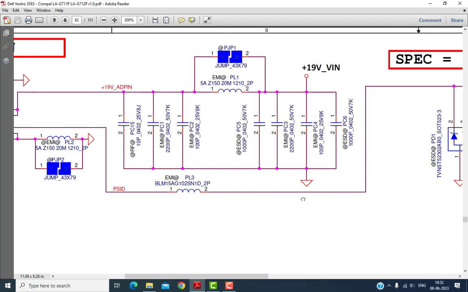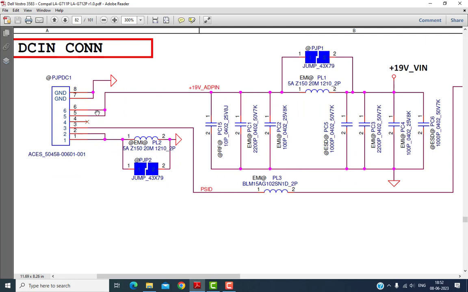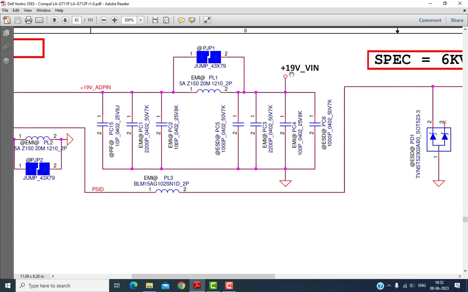We can see all the details of how this functions in another video. First we understand how the battery charging section works. Pin numbers 5 and 6 are positive, 19 volt, and here it is called plus 19V underscore V in.